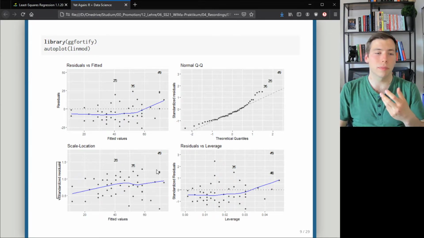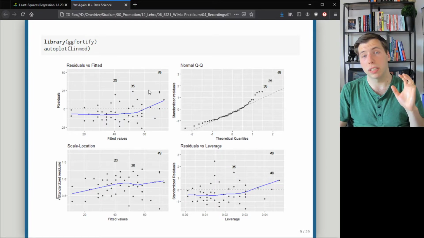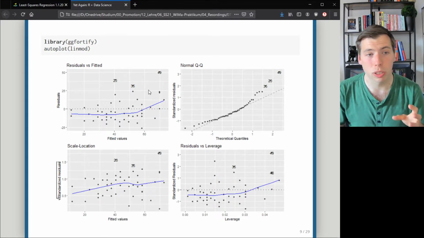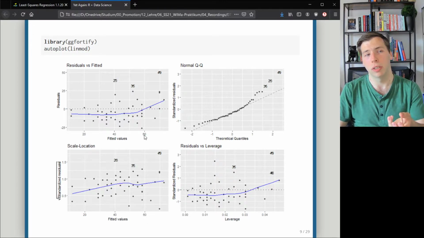As you maybe already guessed, this is not an exact science, at least that's my opinion about these diagnostic plots. You should really look at them, at least to make sure that you don't see anything that is really wrong. It's like hypothesis tests. You can only reject a hypothesis, but you can never prove that your hypothesis is right. The same thing sort of applies with these diagnostic plots.